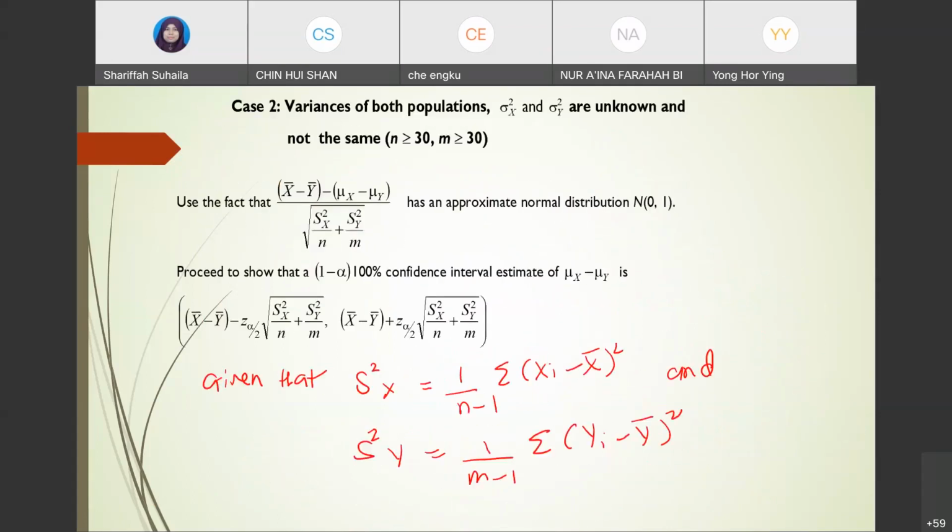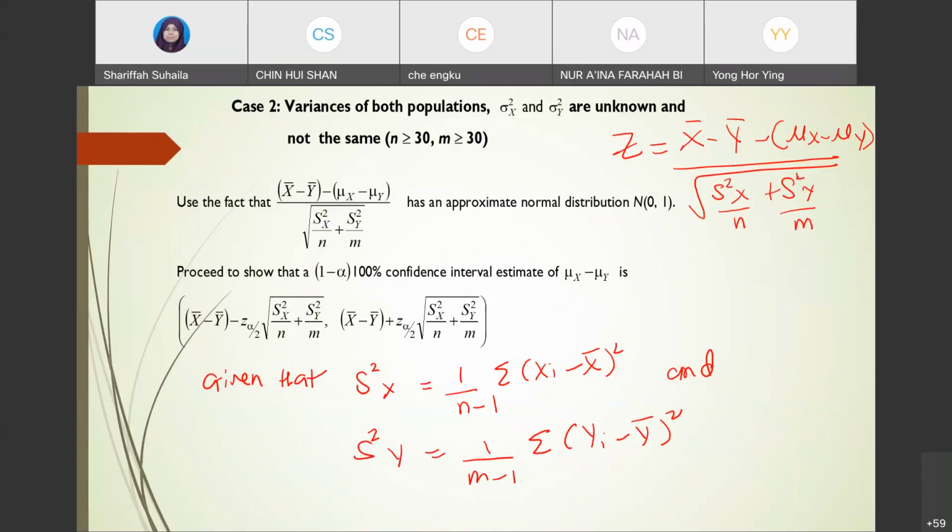So you have the standardized form, z or w, either one: x bar minus y bar minus the difference mu x minus mu y, over the square root of s square x over the sample size plus s square y over the sample size. So that is the case for variance unknown with large sample size.